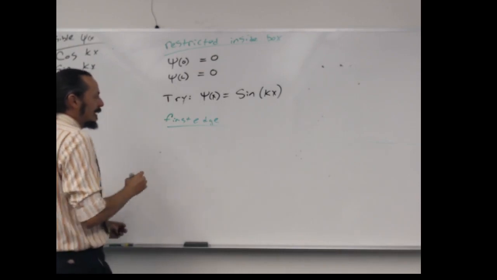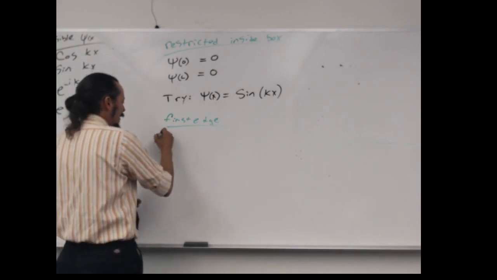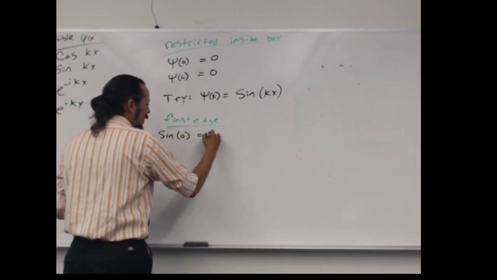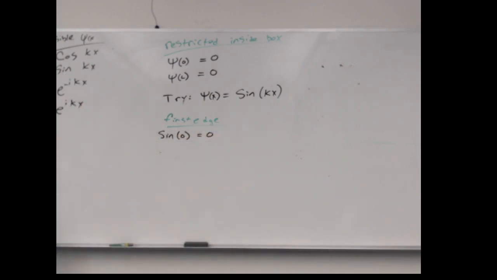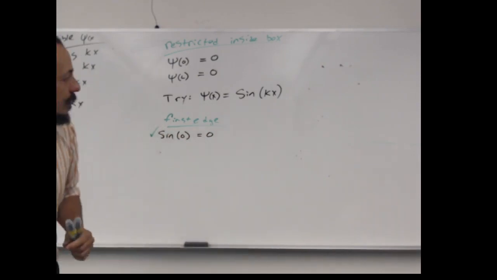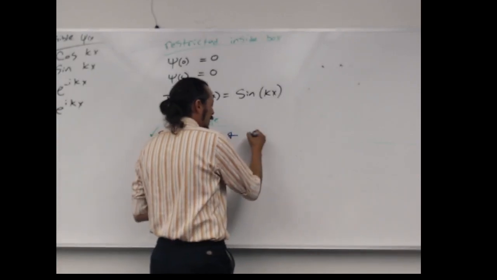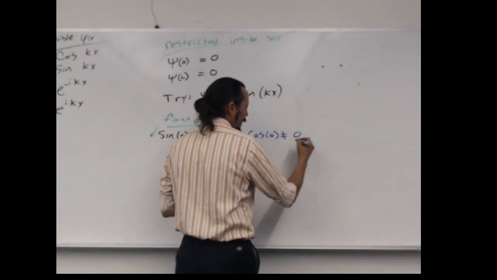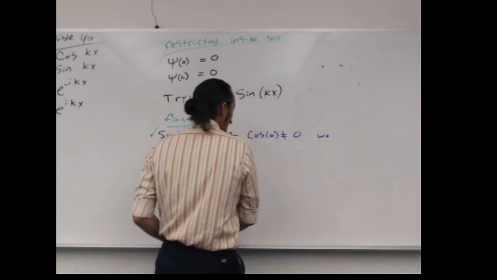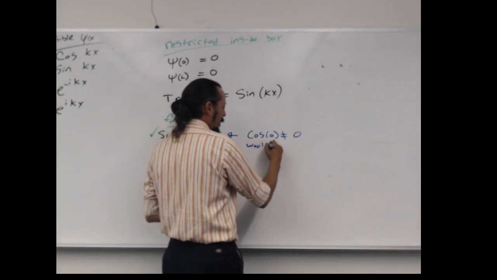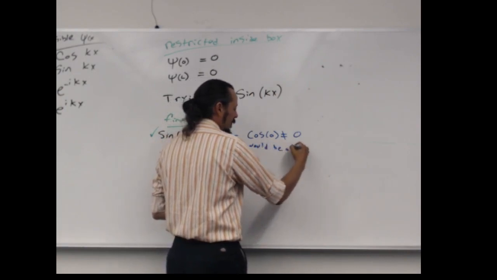If I check the boundary condition at the first edge, I've got to have sine of 0 equal to 0. Is that true? Yeah, great. Notice, cosine of 0 does not equal 0.